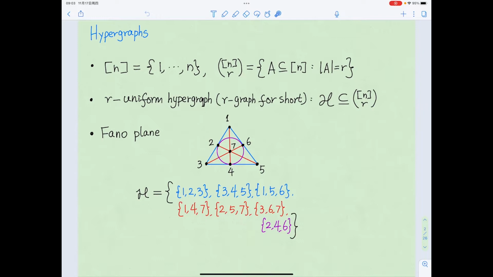An r-uniform hypergraph, or r-graph for short, is simply a family of r-subsets of [n], so H is an r-graph and is a subset of n choose r. Here is an example, the Fano plane. The Fano plane is a 3-graph and it has 7 vertices and 7 edges. You can see that it has 3 blue edges, 3 red edges and 1 purple edge. So it's a 3-graph.